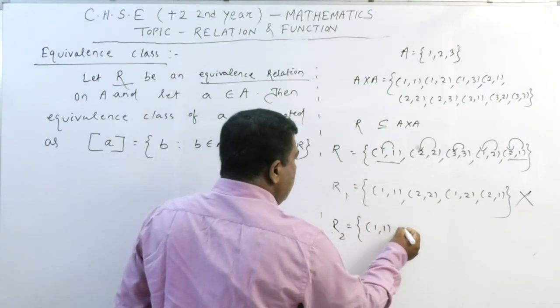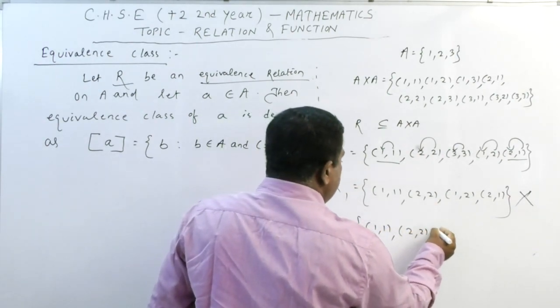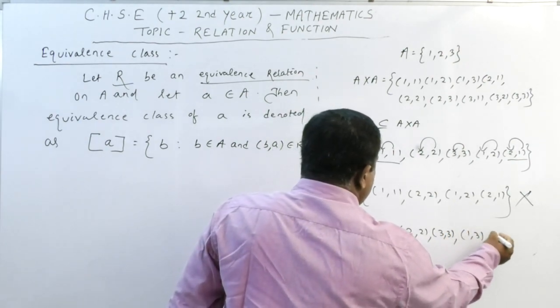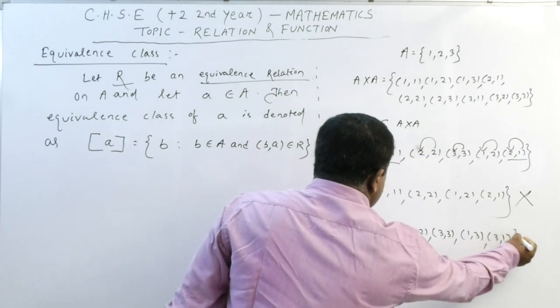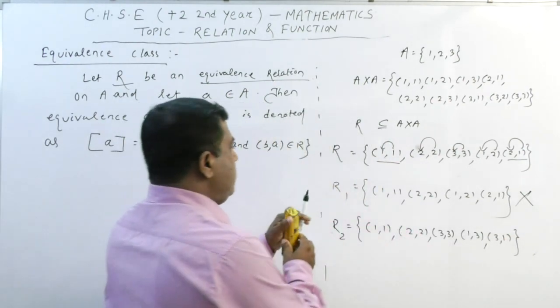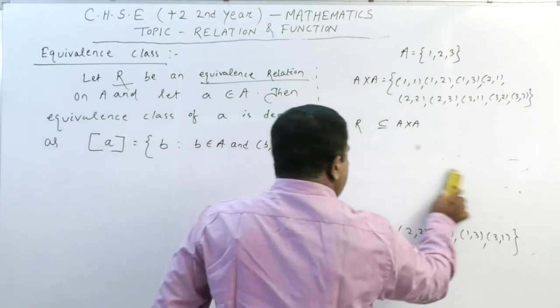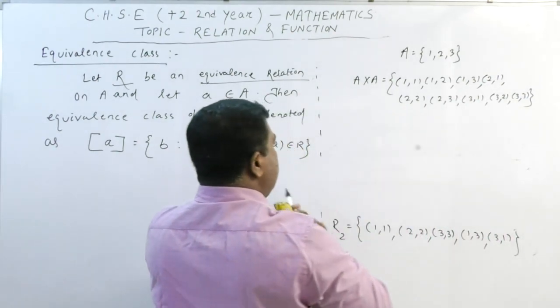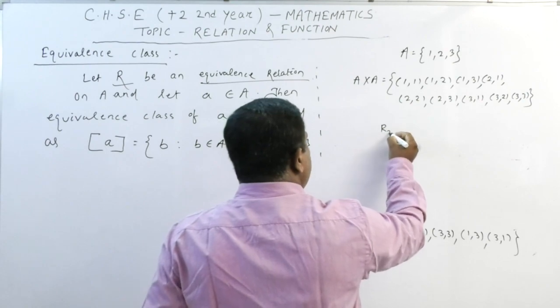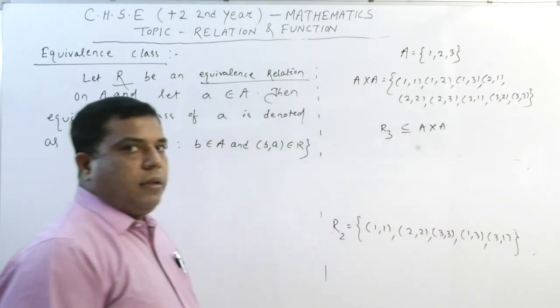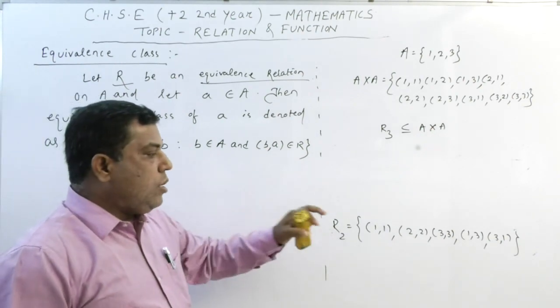R2 equal to {(1,1), (2,2), (3,3), (1,3), (3,1)}. Okay? I am erasing those two. Suppose R3 is from the product set. Now tell me, is it an equivalence relation?